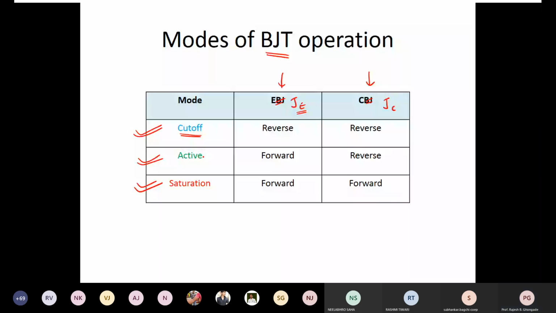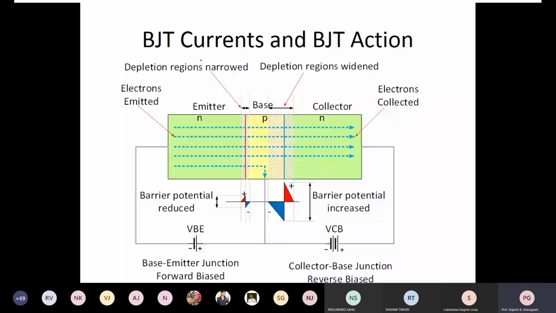In saturation, both the junctions are forward biased. The gate is completely open. So these are the three modes of operation. We are going to see all these in detail. Let us have a look at the BJT currents, and the most important part till date is the BJT action. So be ready for that.